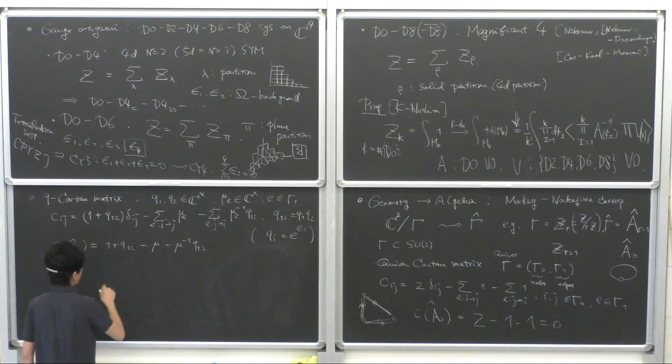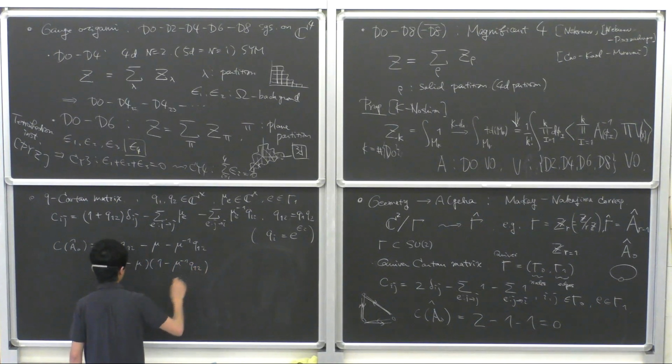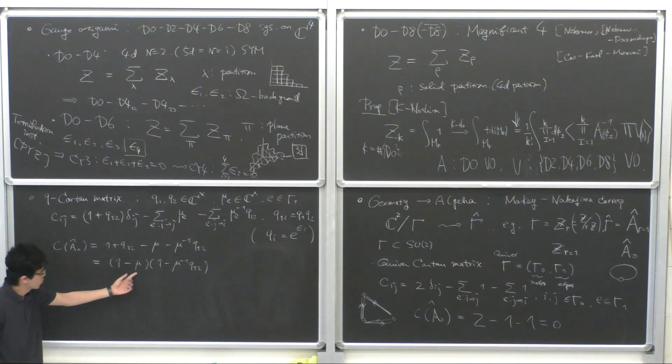Looking at this expression, we can realize that it can be factorized this way. So it is clear that if you put mu equal to 1, this character matrix is going to be trivialized and become 0.